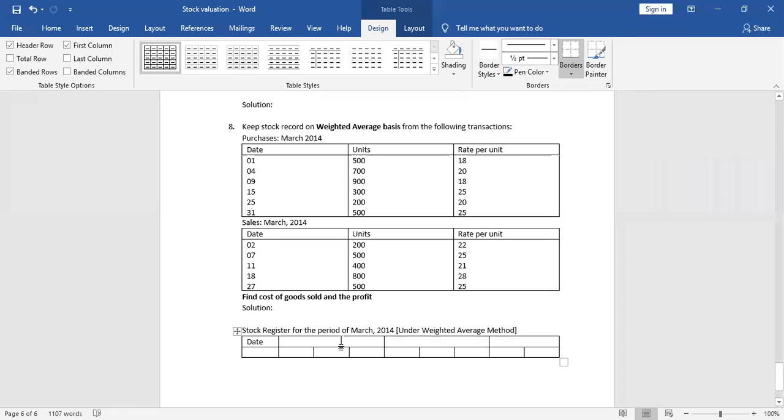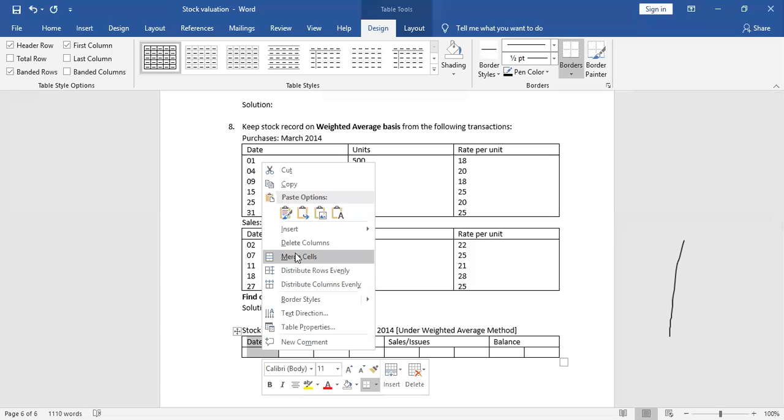So here the first column is for purchase, or we can also call it the receipt. Second one is sales, can also be called issues. Last one is balance. And now I will merge the date column also.